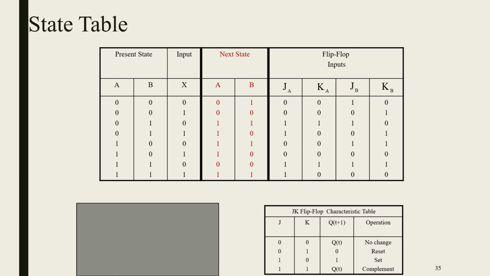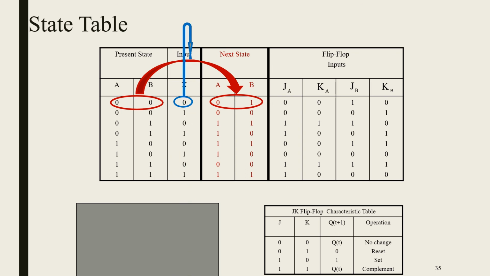Now I need to draw the state diagram. As long as we have two flip-flops, this means that we have 4 states: 0 0, 0 1, 1 0, 1 1, and you start with row number 1. In row number 1, you find you have here 0 0. 0 0 goes where? 0 0 goes to 0 1. This means that this state goes to the other state, 0 0 to 0 1, when x equals 0, and this is what will be labeled on the directed arrow.